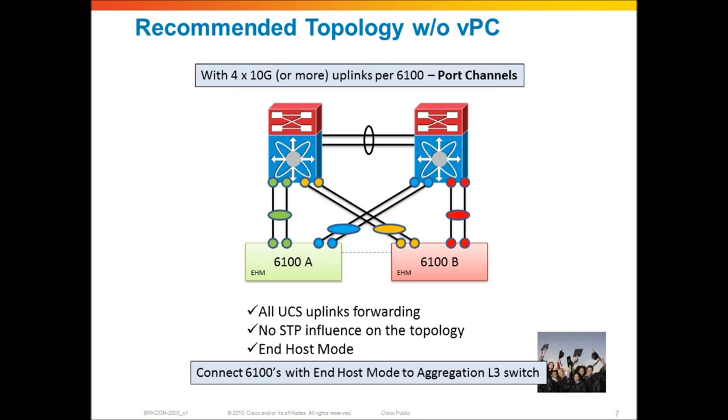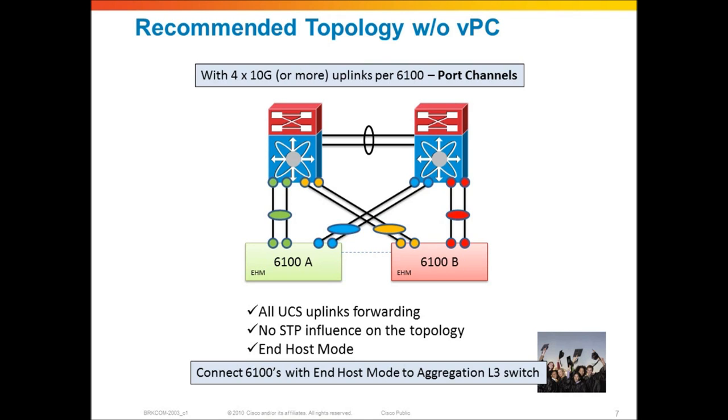And because I've got 2 upstream LAN switches there, and I do not have any VPC capabilities, what I'll do is I will take 2 physical links and create a port channel, and I'll do that twice on each fabric interconnect and redundantly attach each 6100 to each upstream LAN switch.